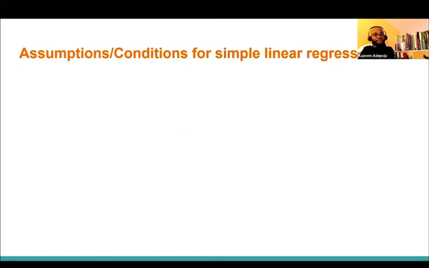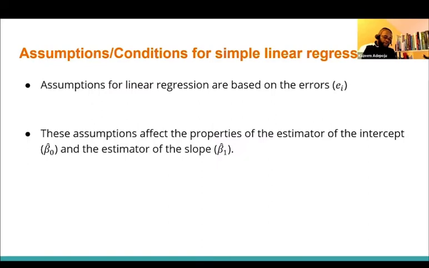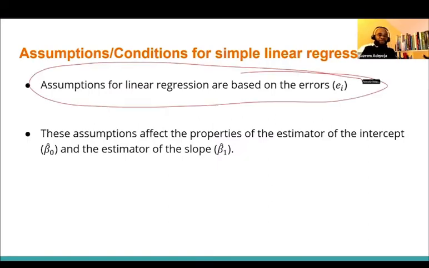And what are these assumptions? Because we need to know these assumptions before we can actually know whether they are violated or not. Take a look at this right now: assumptions for linear regression are based on the errors. I think I told you last week, assumptions of linear regression are based on the errors.